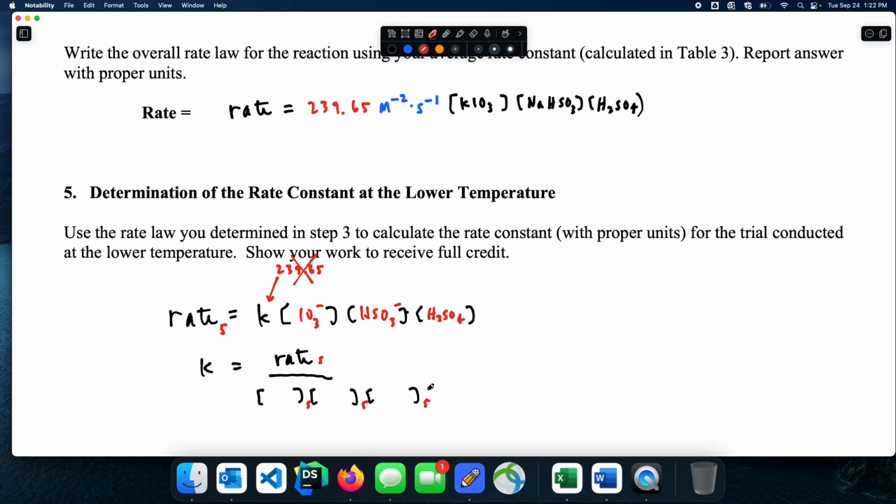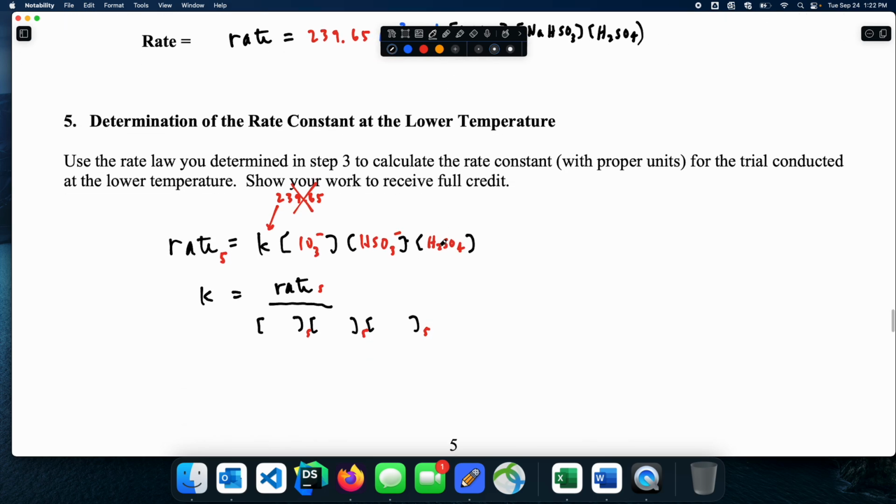Right? Well, I remember trial 5 because I had the same concentrations as trial 1. So I'm going to go ahead and fill those in, and then we'll go look up the rate. The rate in trial 5 I don't remember, but I remember that the bottom, that was pretty ugly.